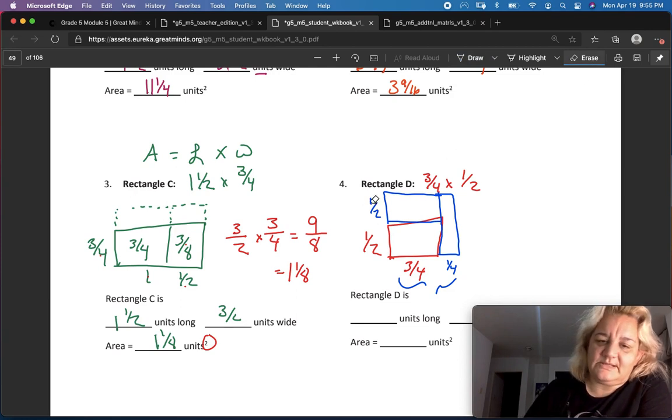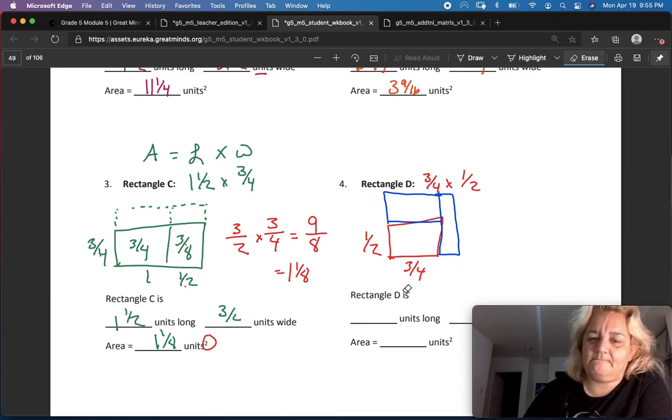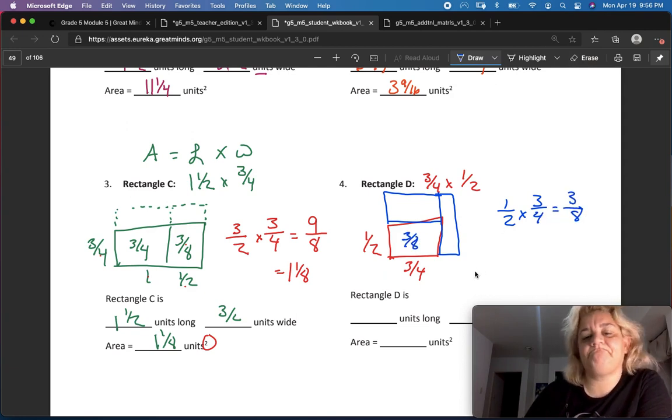So I'm going to erase all that because we don't need it. The only thing we have to do is multiply 1/2 times 3/4, which equals 3/8. And I bet I could show you this would be 3/8, and that would be 1/8, and that would be 1/8.